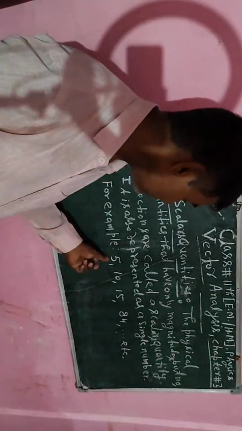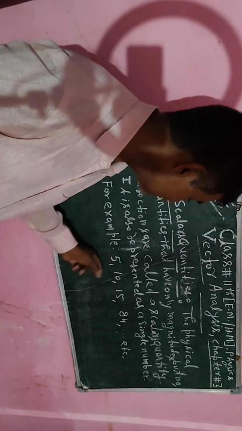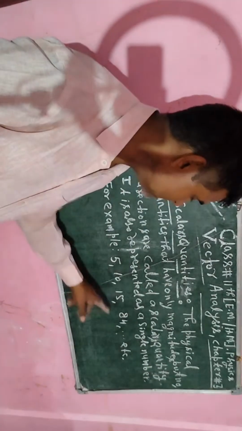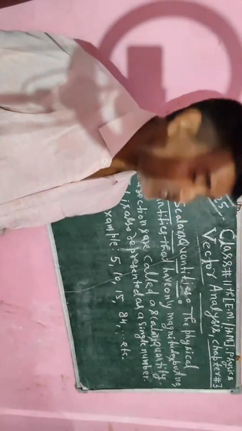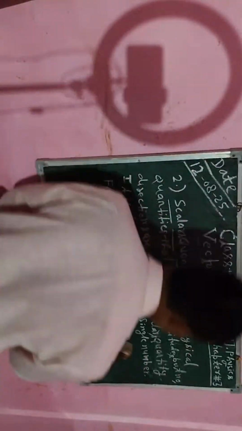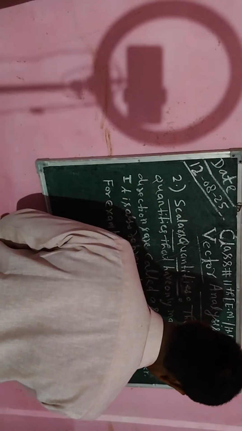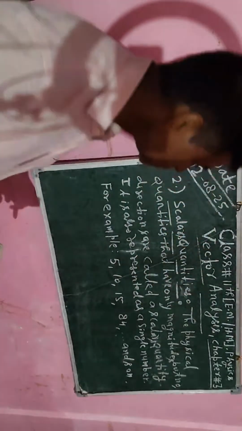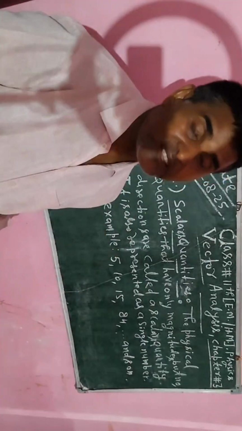Only magnitude is here, direction is not included. So 5 is a scalar quantity. Similarly, 10 is also a scalar quantity, 15 is also a scalar quantity, 84 is also a scalar quantity, and so on. This is how we define the concept of scalar quantity.